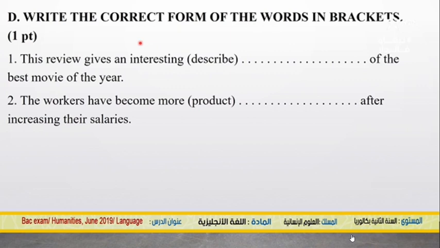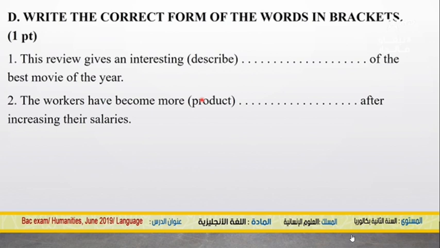In exercise D, you need to give the correct form of the words between brackets. So now let's see what it is about and how to deal with this exercise. So, exercise D, write the correct form of the words in brackets.